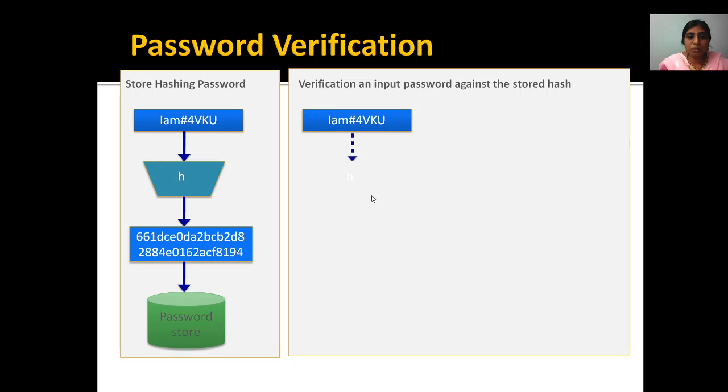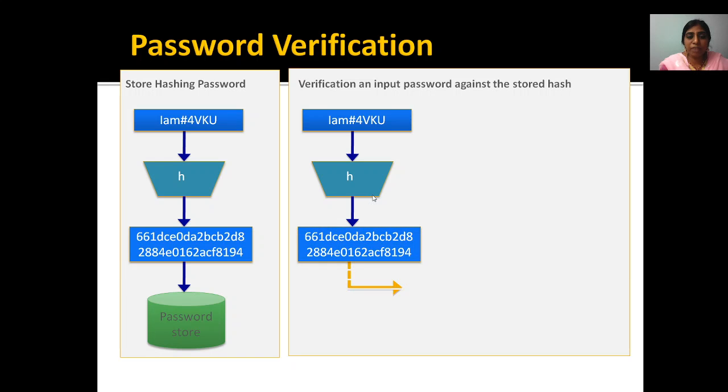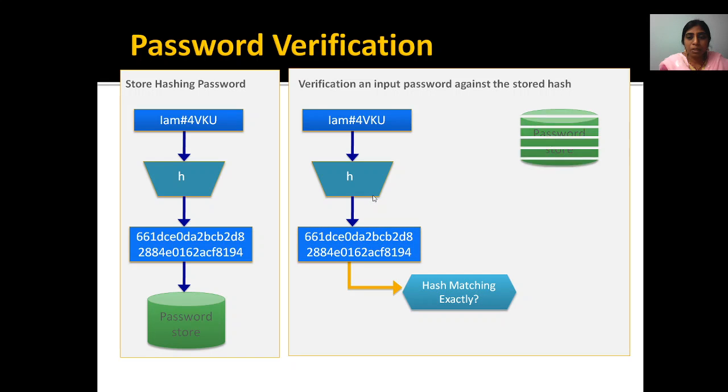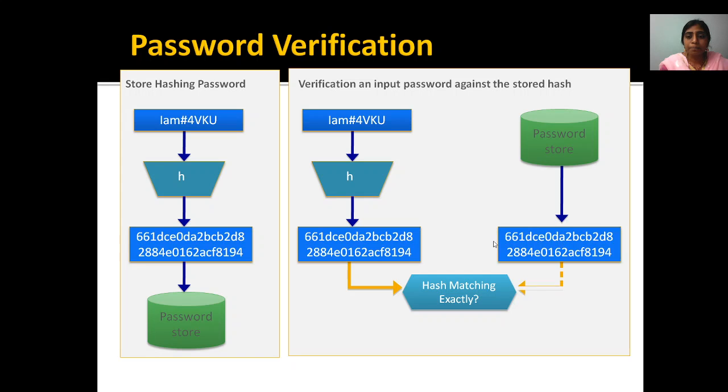These passwords are again converted to hash codes and verified against the database. The password lying in the database and the password generated when you are going online are compared. If both are the same, then we grant access, or else we do not grant that particular access to the person.